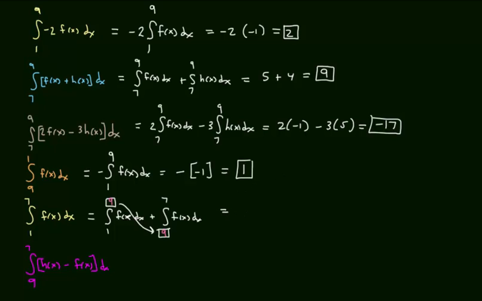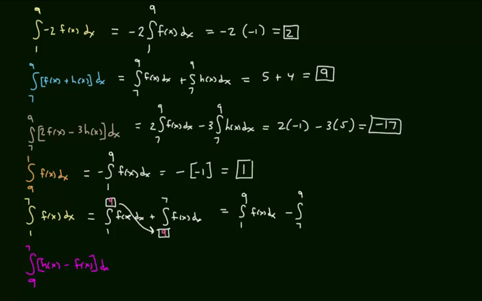So now the integral from 1 to 9 is equal to, actually let's write it like this. Let's say the integral from 1 to 9 of f of x dx, and I'm going to switch this because now the lower bound is on top, so I'm going to make the lower bound on the bottom.